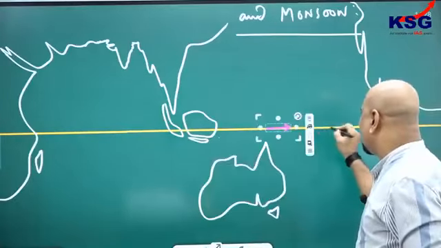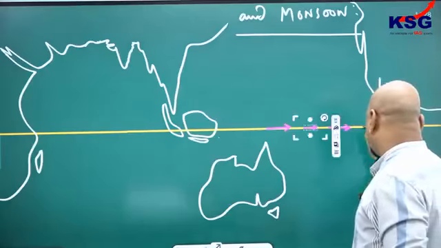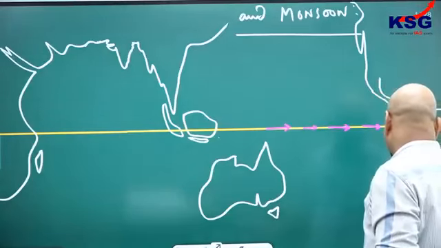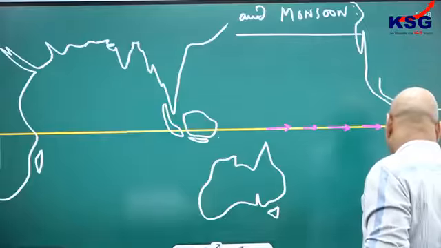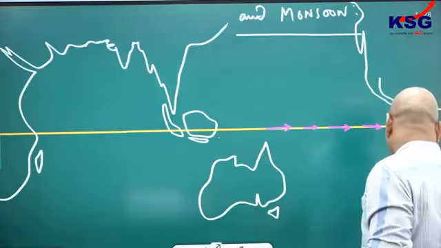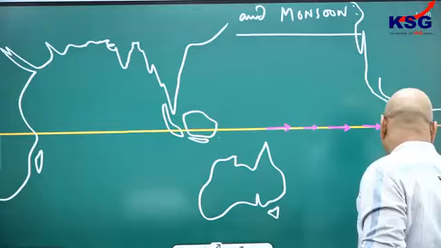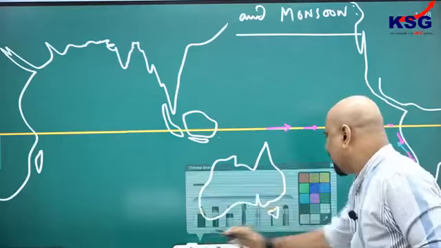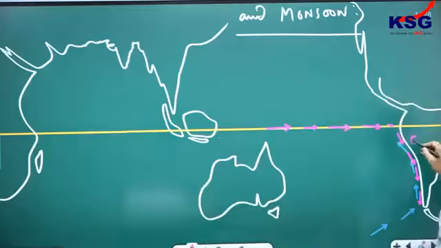Here is a counter equatorial current, and this counter equatorial current became very strong, and the replacement of this one is called the El Nino factor. This is known as the El Nino.